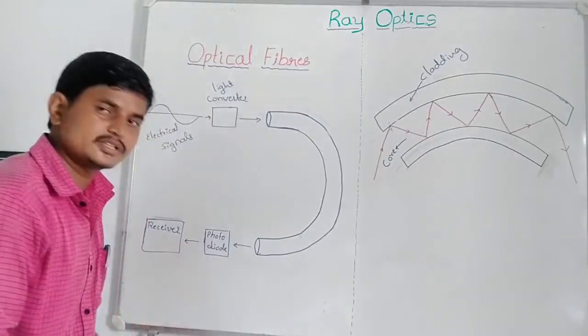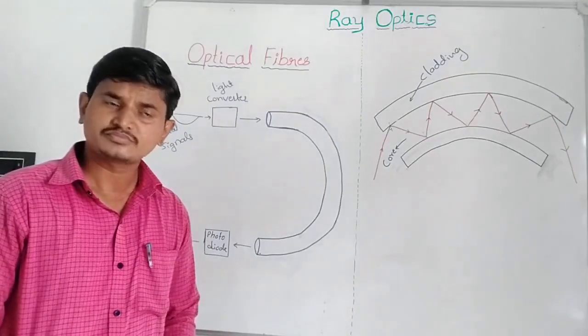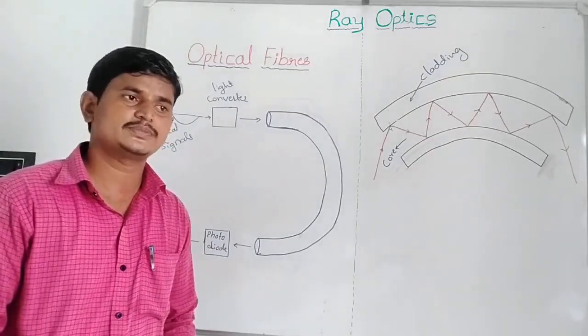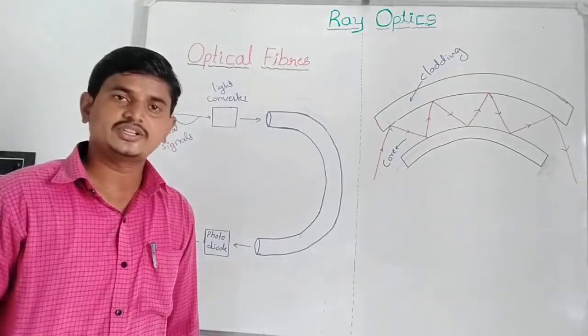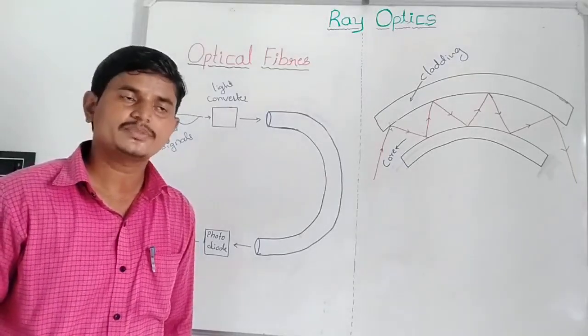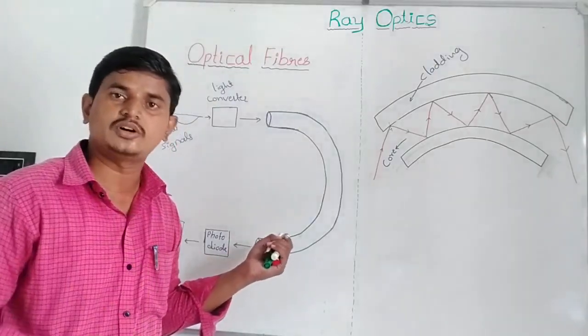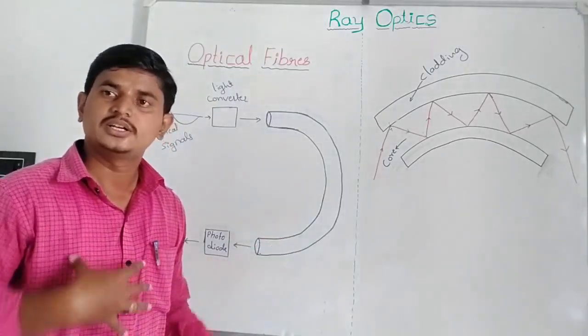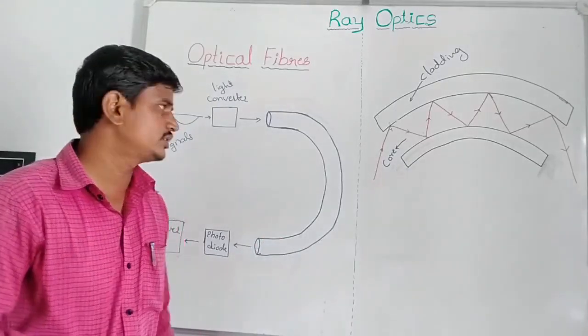Optical fibers are also used in many other cases, like in endoscopy, which is the study of internal organs. Optical fibers are used to observe or examine internal organs like the stomach and intestine.